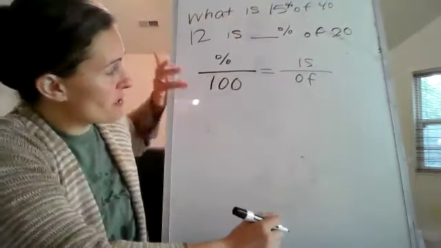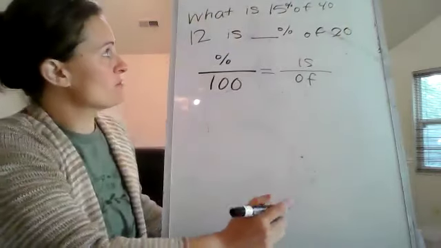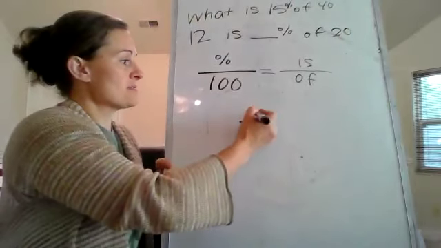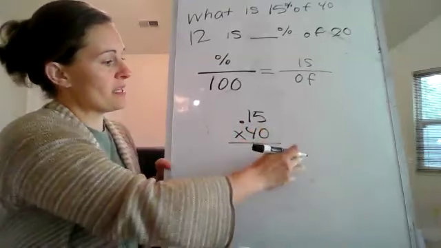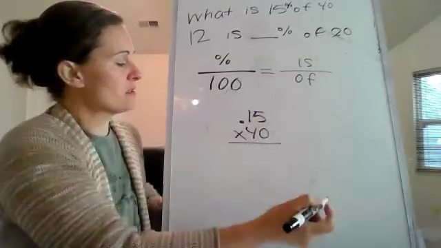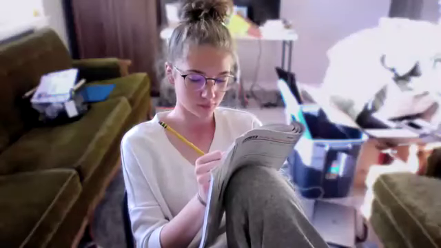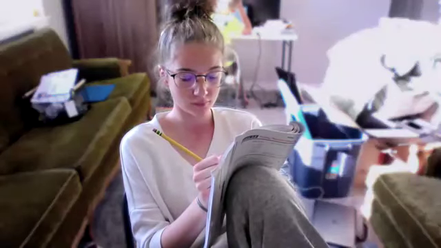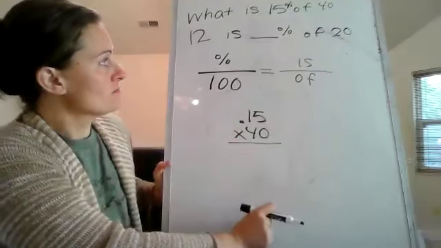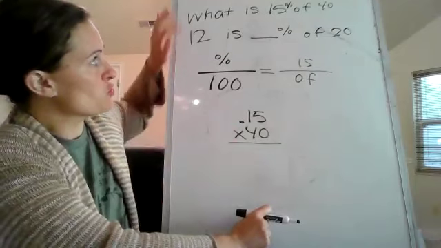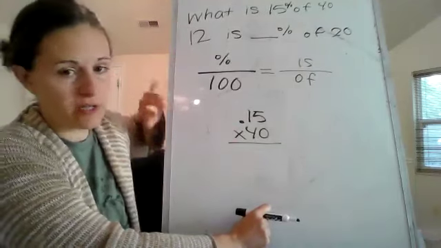You can just plug the numbers in, but what it's going to have you end up doing anyway is the decimal 0.15 times 40. It does the same thing, but in a different way. So when it says what's a certain percent of a number, you could go straight to that decimal multiplication. Or if it's easier for you to remember, just plug whatever the question is into this formula, you can do that.